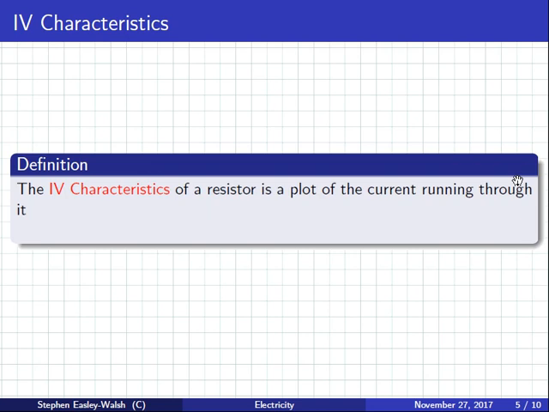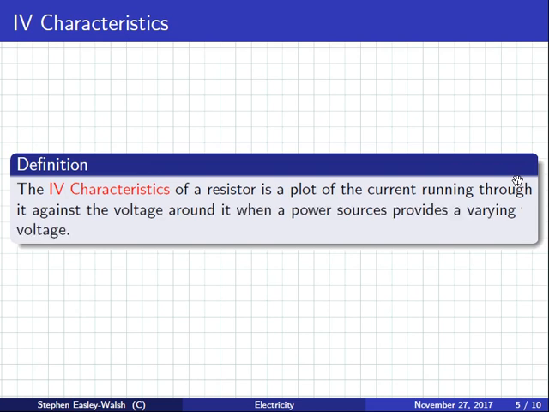So the IV characteristics of a resistor is a plot of current running through it against the voltage around it. When a power source provides a change in voltage, a varying voltage, this is the IV characteristics. So the question might simply say in the exam, draw the IV characteristic plot.